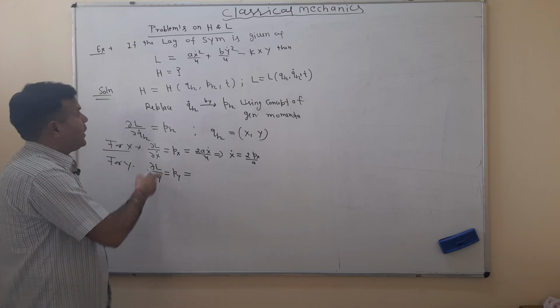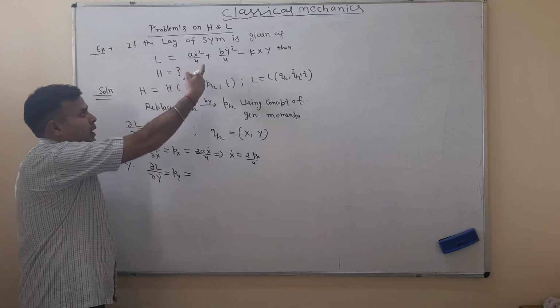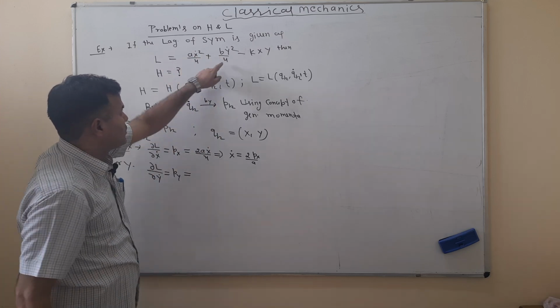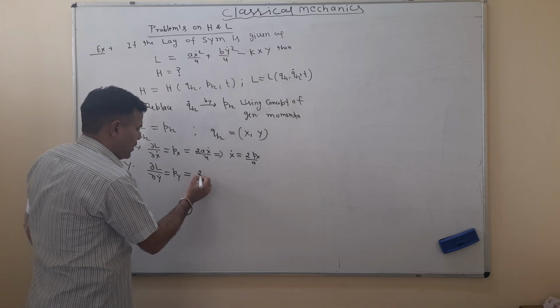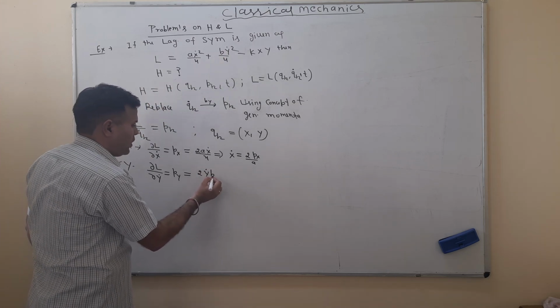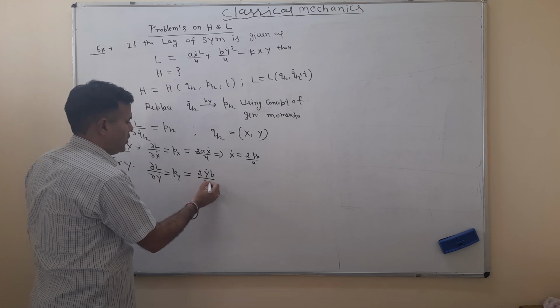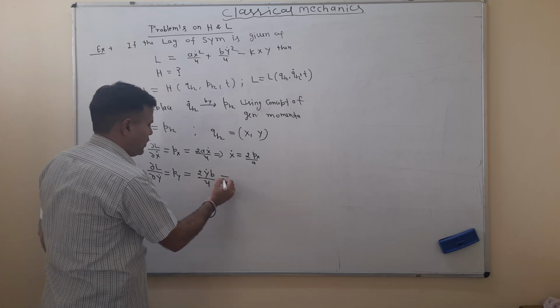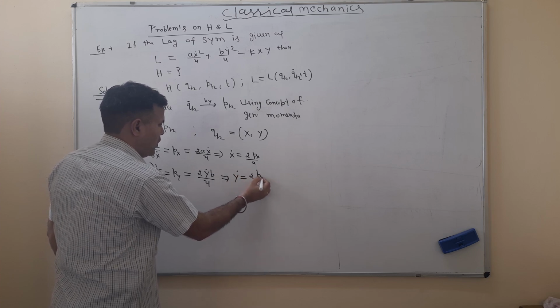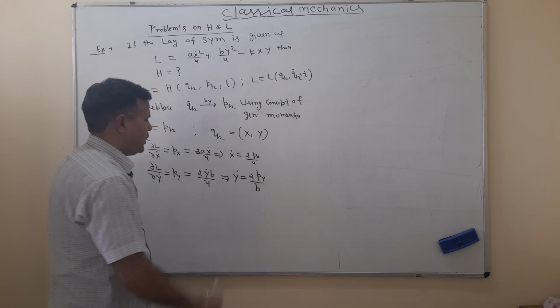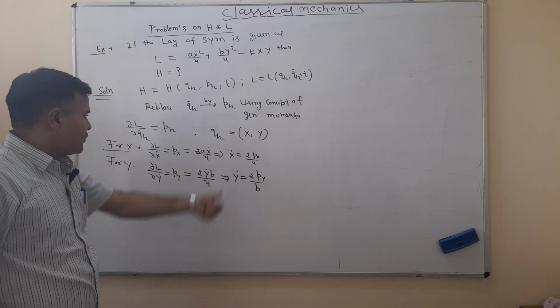Differentiating this L partially with respect to y dot, we have 2 b y dot by 4. Again the 2 will cancel out, and this y dot is simply 2 py by b.